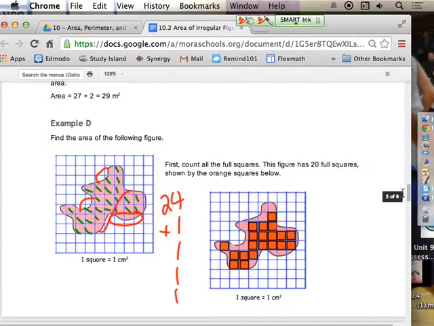So I ended up with 24 plus those 4 makes 28 centimeters squared. But somebody might have come up with an answer of 26, and somebody might have come up with an answer of 30. And that's fine. You're getting your best estimate with squares because it's not full. It is a really irregular figure, so come up with the best answer that you can. All right?